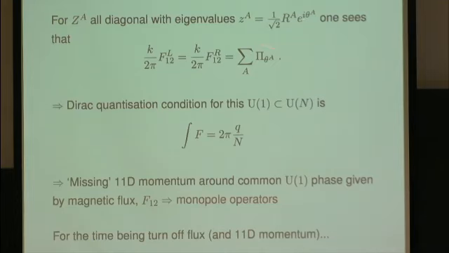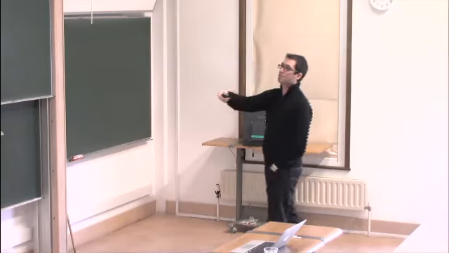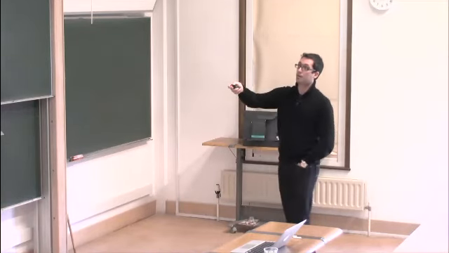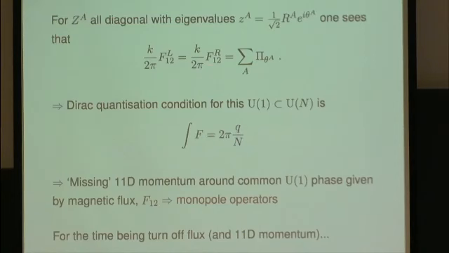This is nothing but the center of mass momentum around the common U1 phase, and in fact if I turn on abelian flux in these F1 to left and right field strengths, I end up recovering the missing 11-dimensional momentum around the common U1 direction. This is very similar to what we saw in the full quantum theory from the point of view of these monopole operators.